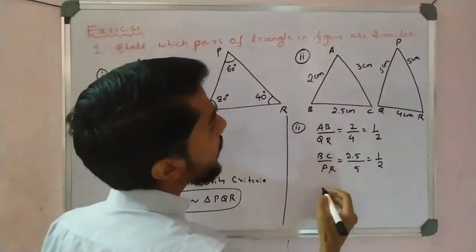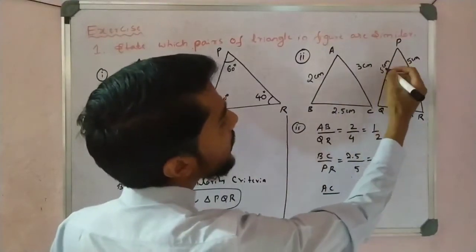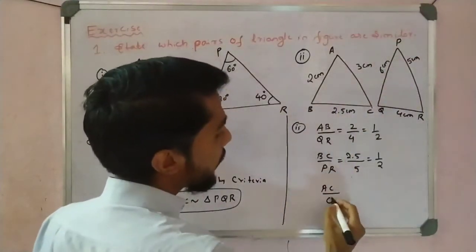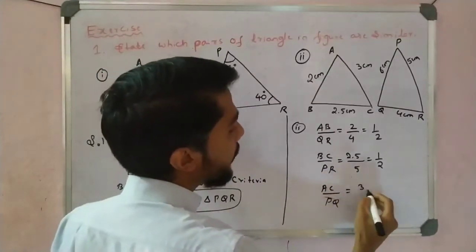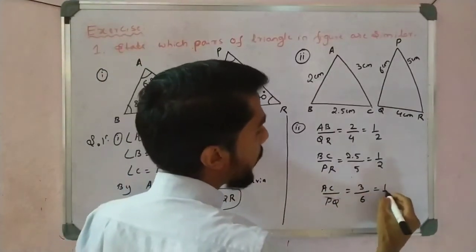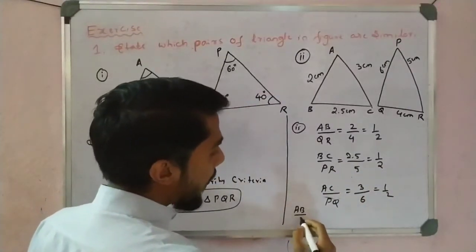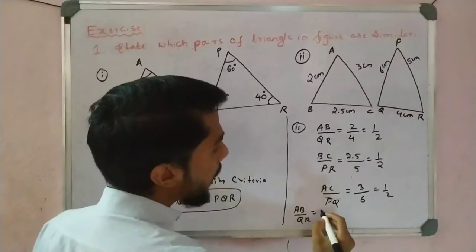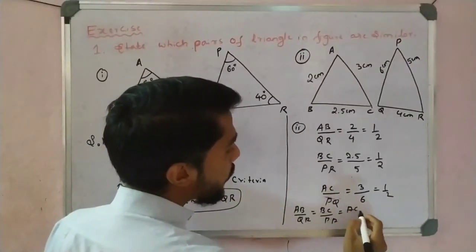Now let us see AC matches this 6, that is PQ. So I get 3 by 6 is equal to 1 by 2. So observe that corresponding side AB and QR, equal to corresponding side BC and PR, equal to corresponding AC and PQ.